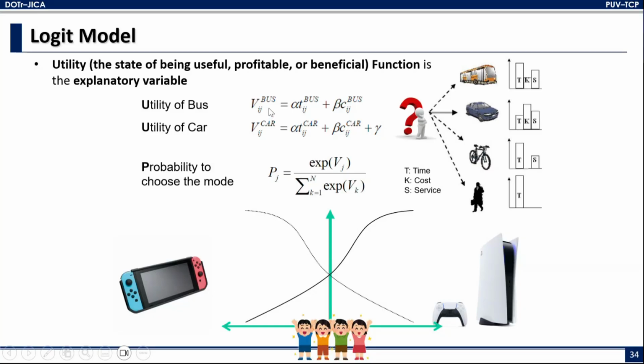However, the utility function, meaning the state of being useful, profitable, or beneficial, is used as the explanatory variable for the logit models.